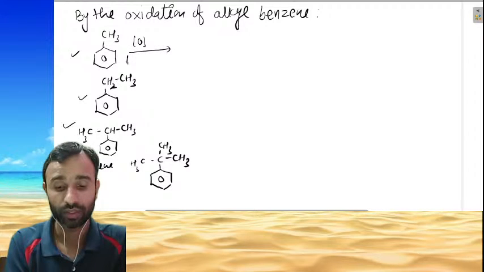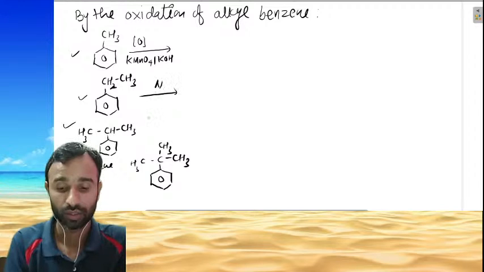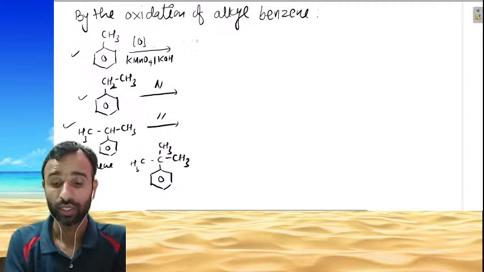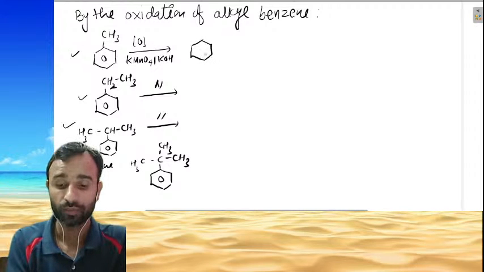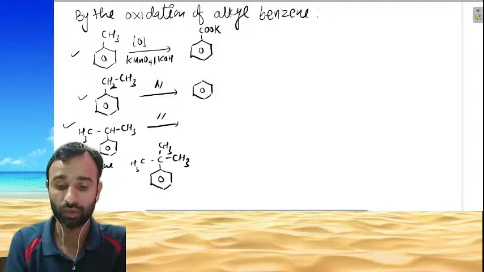इन एसिडिफाइड KMnO4 या एल्कलाइन KMnO4, चलो सब में सेम यूज कर रहे हैं, KMnO4 and KOH, ठीक है। तो फर्स्ट ऑफ ऑल in all the cases we get potassium benzoate irrespective of the number of carbons in the alkyl chain.